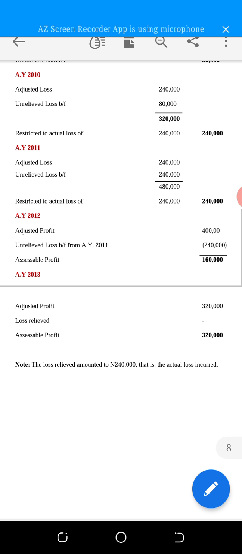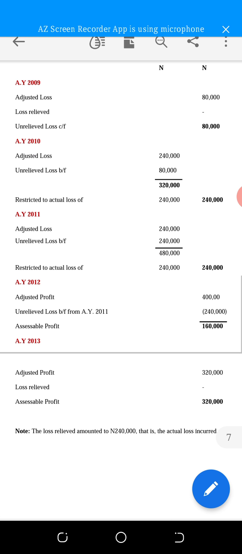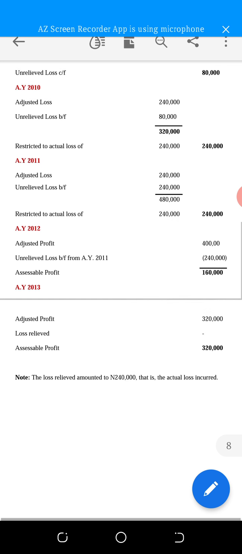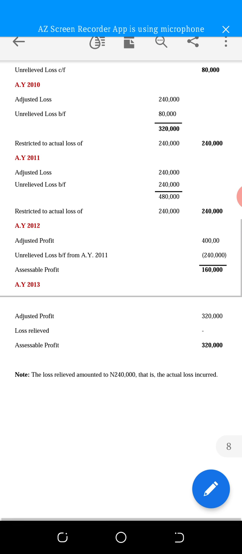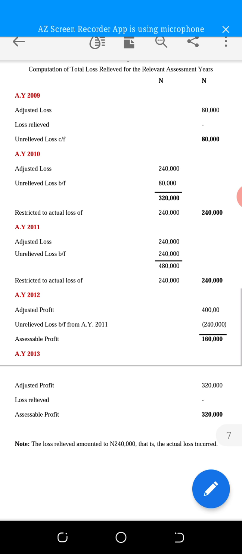That is 240,000. Remember that all this loss relief is calculated cumulatively. I know we are all accountants, I don't think there should be confusion there. What I mean is that it's calculated cumulatively. You wouldn't say in 2012 now they made profit of 400,000, you will leave the loss made in 2009, 80,000.